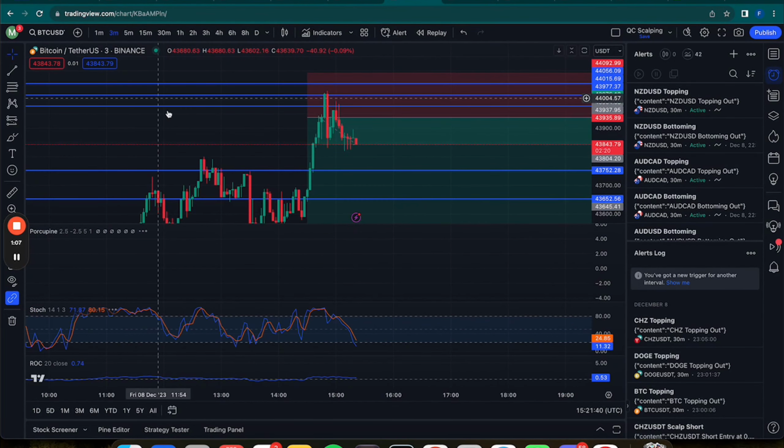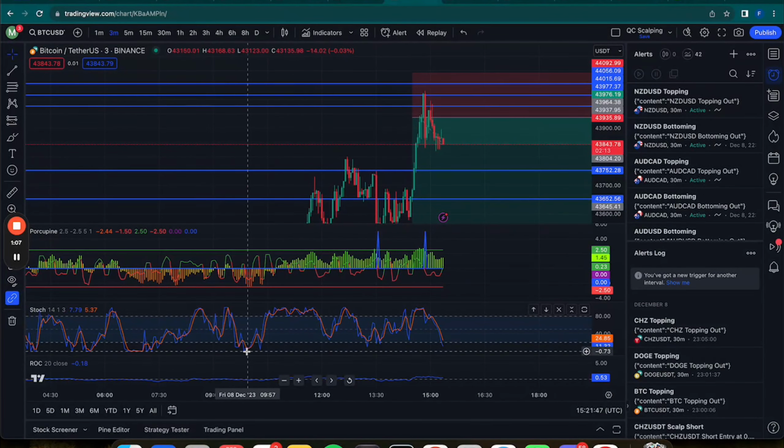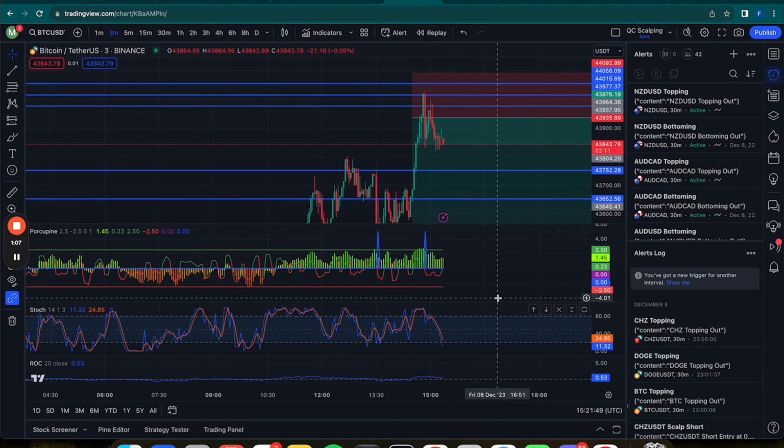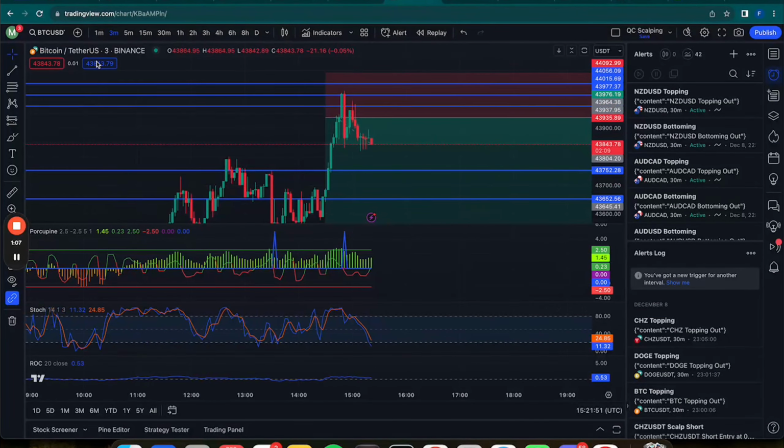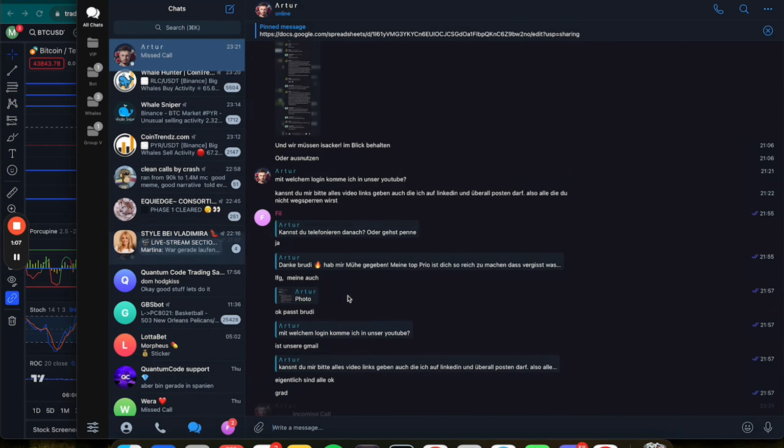Still looking at the 3 minute. We're getting close here. We're getting close to the downside. I don't love that. It still has some movement, some ways to go, but that's something to be aware of.